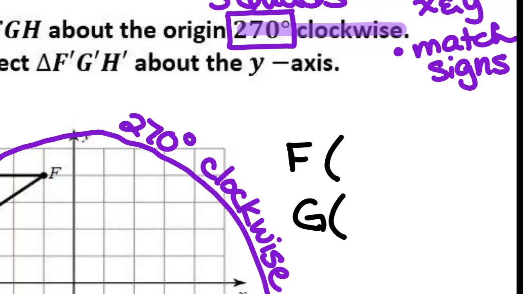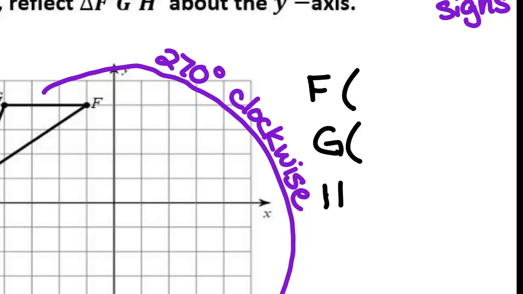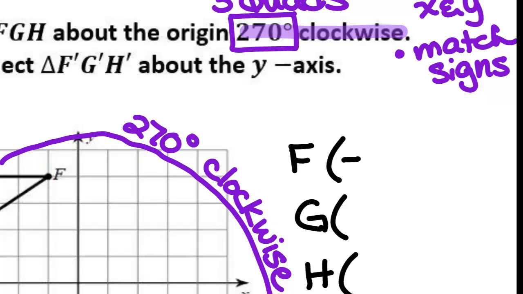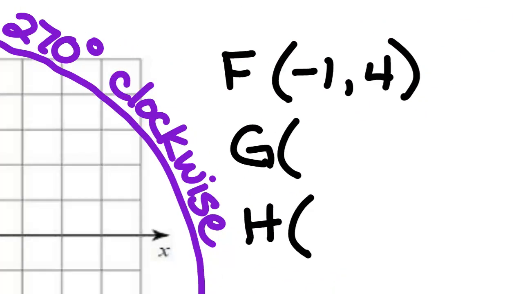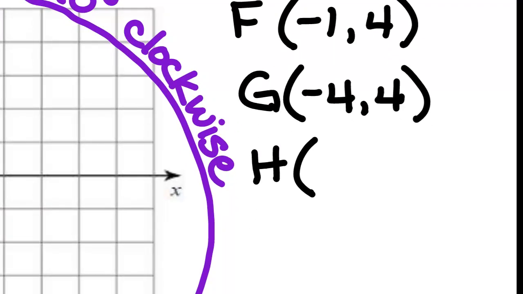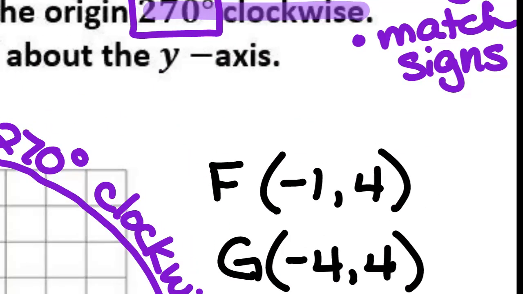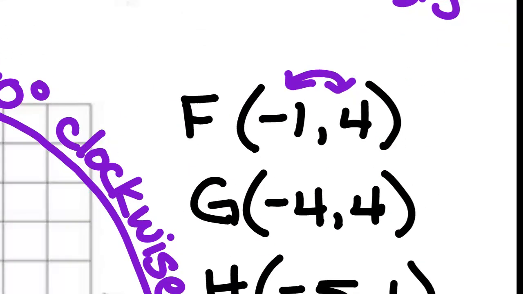Where is point F? Negative 1, 4. Where's point G? Negative 4, 4. And where's point H? -5, 1. Okay, so we're going to take all of those and we're going to switch them.